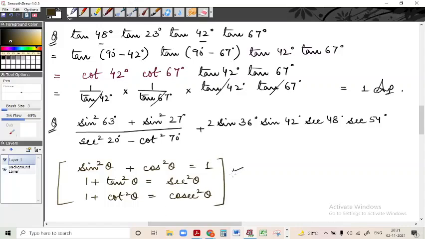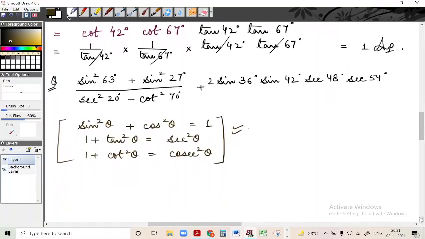We will learn about this during the last class, but this identity is very important to do this sort of questions also, to do the questions based on complementary angles.